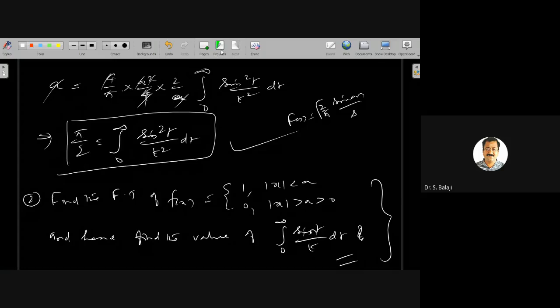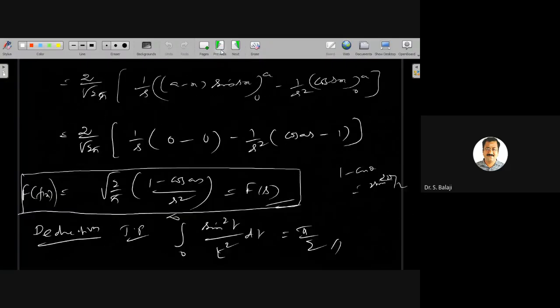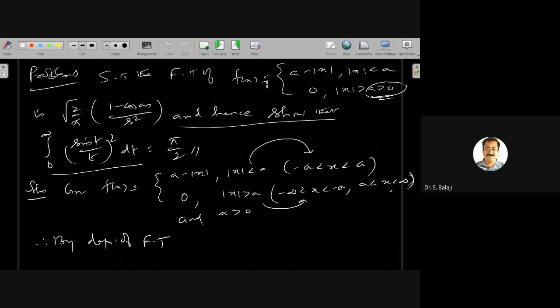Based on the question, they asked that first we find the Fourier transform. Yes, we identified the Fourier transform of this function. Then, with the help of this, you have to prove that the integral of (sin t by t) whole square dt is equal to pi by 2.